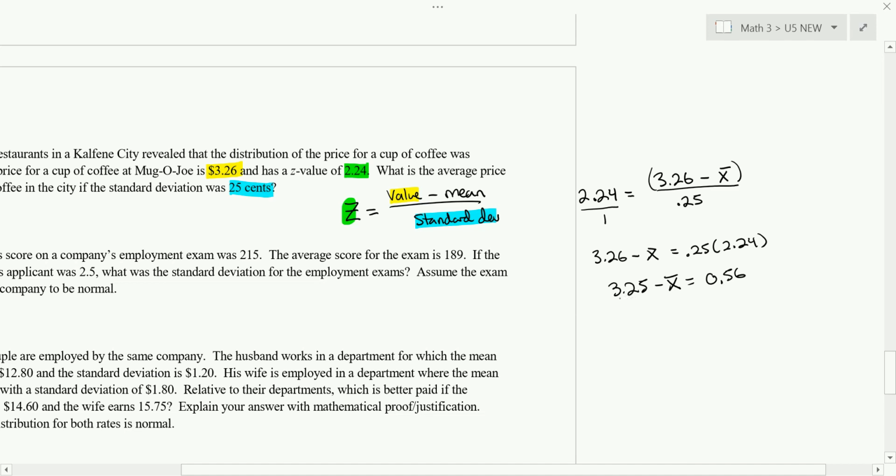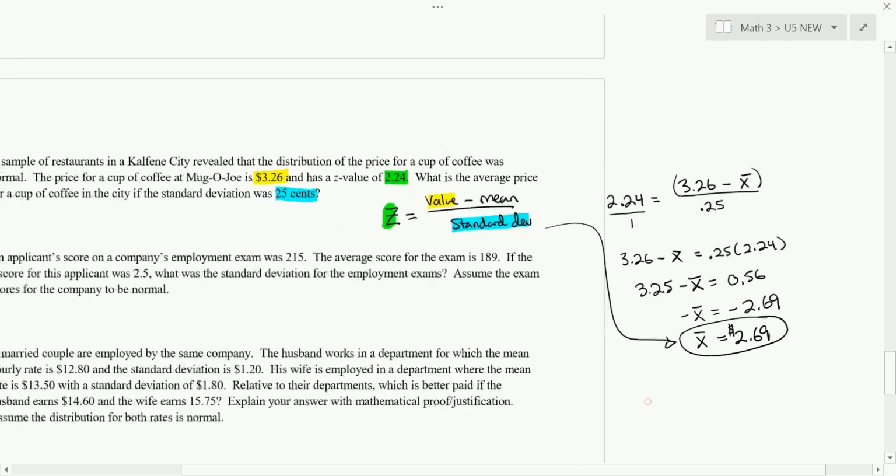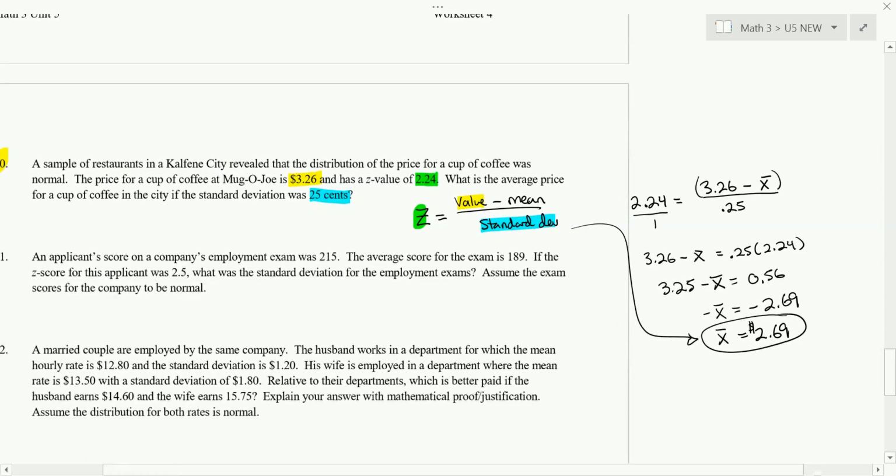I'm going to subtract 3.26 from that, and we get negative x bar is negative 2.69. And then multiply both sides by negative, and you get the mean is 2.69. And we're talking about dollars here, so $2.69 is the average price for a cup of coffee in that city.